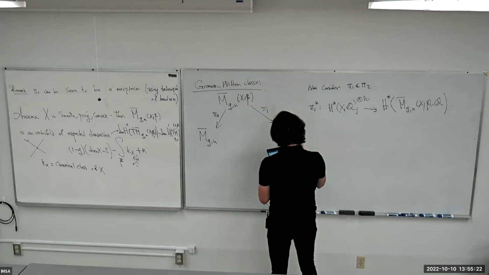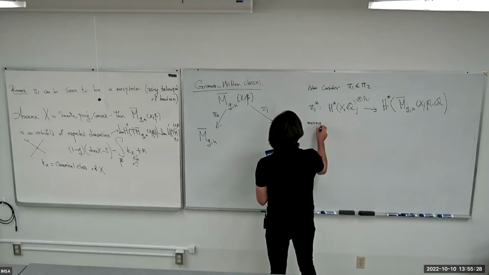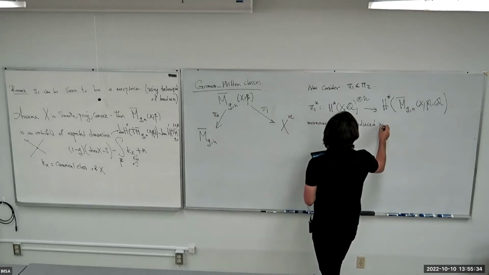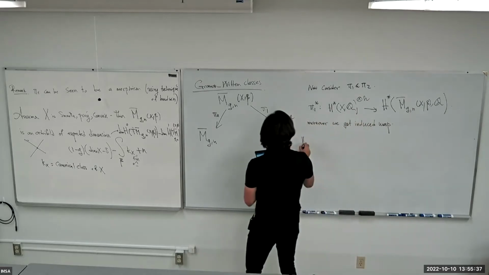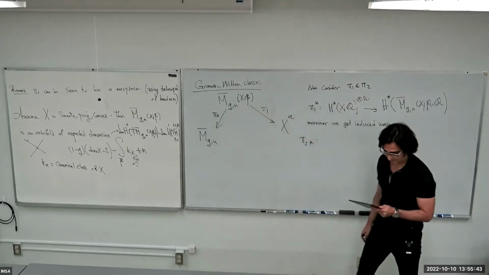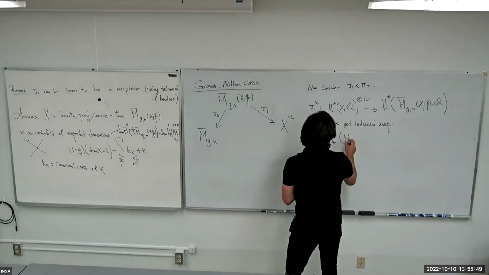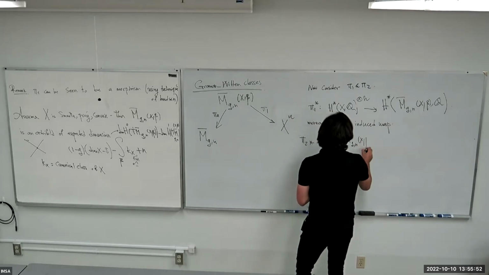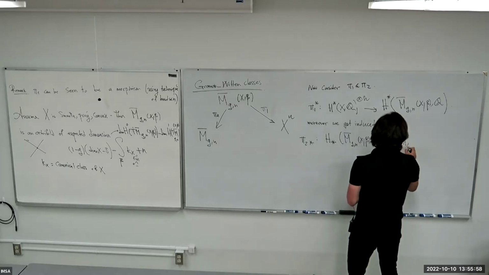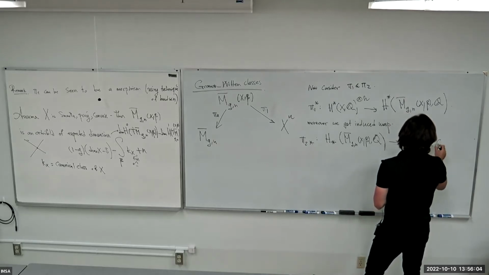Furthermore, consider pi 2. We get an induced map, pi 2 lower star, which I'm going to define from the homology theory of M bar g,n (X, beta) with rational coefficients to the homology theory of M bar g,n with rational coefficients.